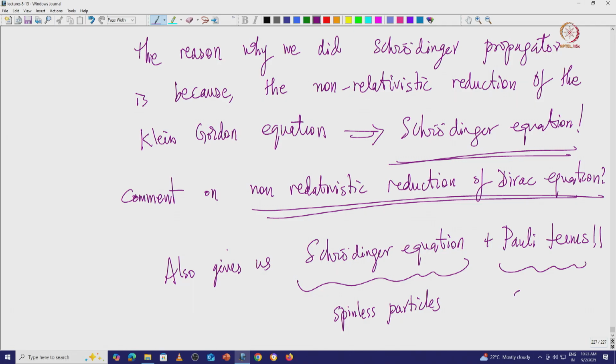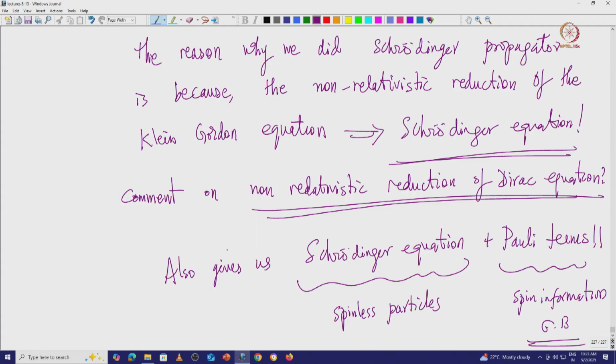This contains the spin information. So these Pauli terms, which are nothing but your sigma dot B terms, appear here in the presence of a magnetic field. Sigma dot B terms will appear in the non-relativistic reduction of a Dirac equation.